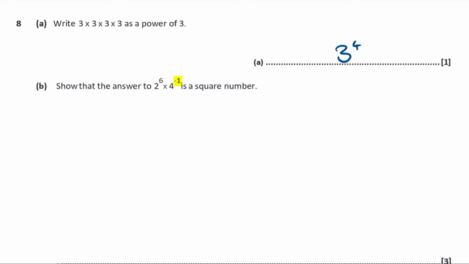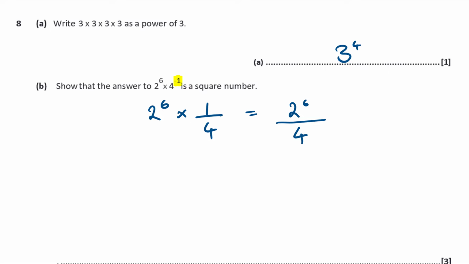Now, 4 to the negative 1, when you've got a negative index like this, that means the reciprocal of your number, doesn't it? So that's actually 2 to the 6 times 1 over 4. That's what 4 to the minus 1 means. So a power of negative 1 means 1 over that number. So actually what we've got here is 2 to the 6 divided by 4.